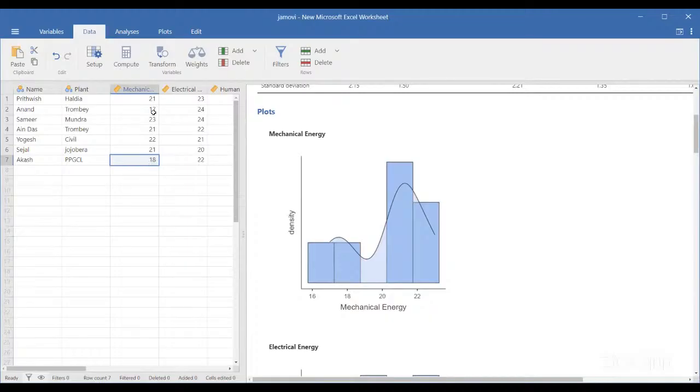Akash. PPGCL mechanical energy and Trombe, Anand. Okay, Anand and Akash, you both can tell us why you are giving a very low score in comparison with the mean.